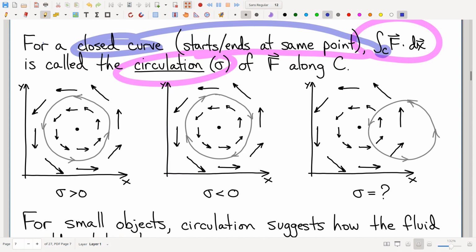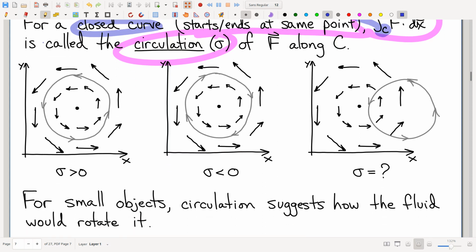But technically, of course, the word circulation already means closed curve. Okay, so anyway, boundary circulation, the big idea is that we're measuring the extent to which the vector field is kind of flowing along this closed curve, and the closed curve has to kind of go around. It has to go all the way around, and so circulation is measuring the extent to which, in some sense, the fluid kind of is going around. That's the term circulation. We talked about this previously.